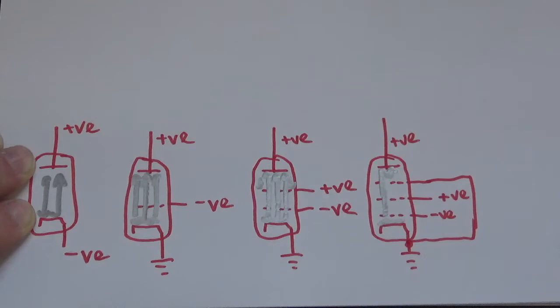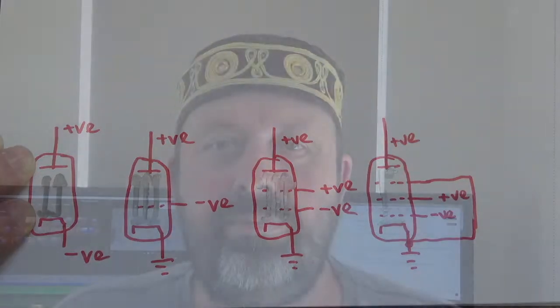So we don't get any capture and current through the screen grid. So this was a great advance, and now we had the advantage of the possible gain of a tetrode without the negative issues associated with that secondary emission.